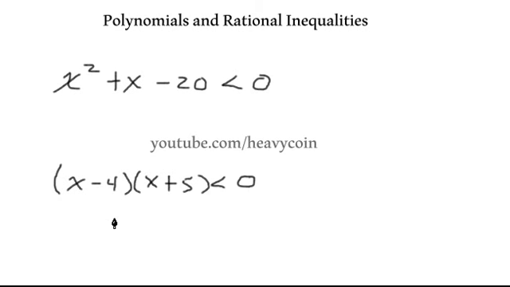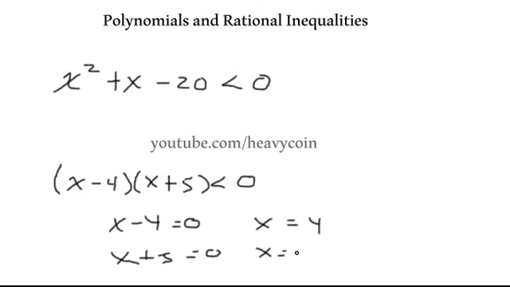We set each of these factors equal to 0, so we have x is equal to 4, and x is equal to negative 5.